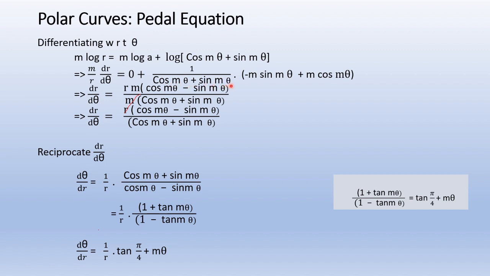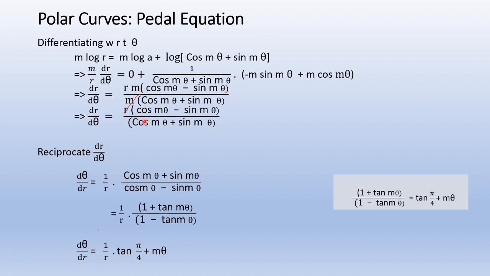This implies dr by d theta is equal to r m times cos m theta minus sin m theta, whole divided by cos m theta plus sin m theta. m and m get cancelled. We get dr by d theta is equal to r times cos m theta minus sin m theta, whole divided by cos m theta plus sin m theta.